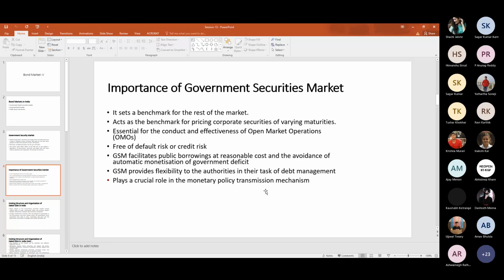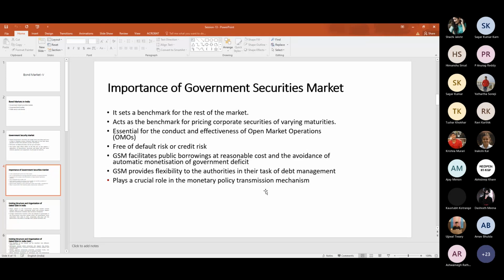And already I told you it plays a crucial role in the monetary policy transmission mechanism, because we have already discussed the transmission mechanism before. There are various channels through which the target variable is achieved: we have the interest rate channel, the bank credit channel, the equity pricing channel, and the exchange rate channel. All these things we have discussed before.